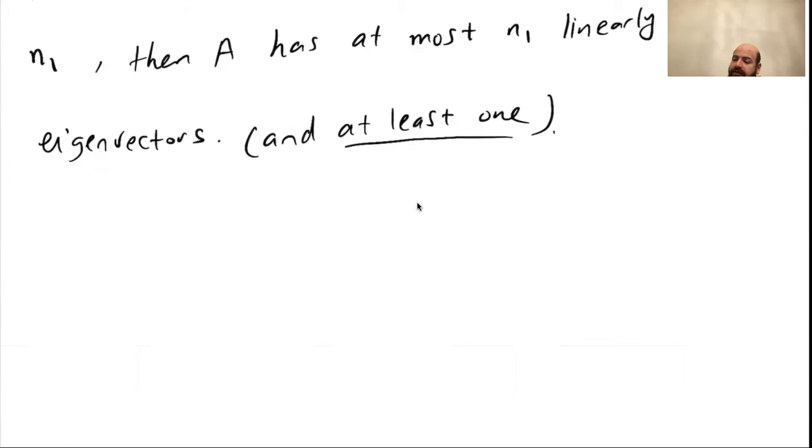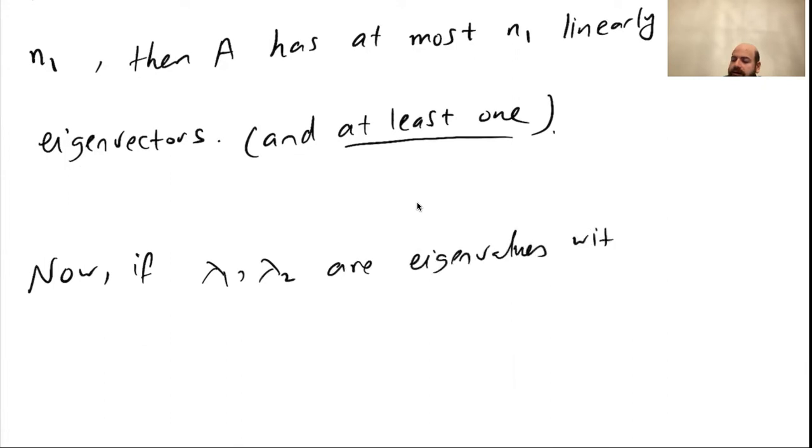Now suppose lambda 1 and lambda 2 are eigenvalues with eigenvectors, let's say C1 and C2.